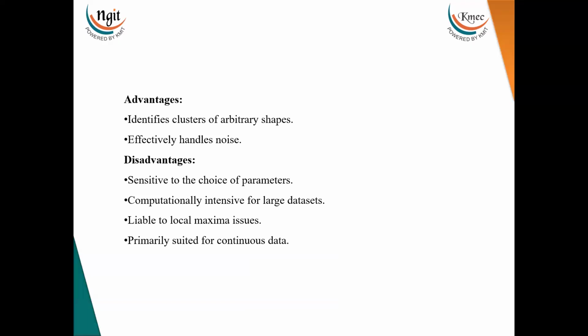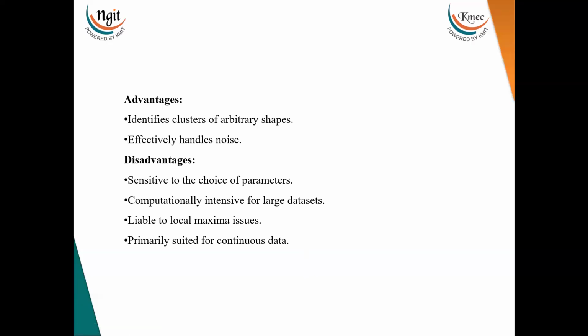And coming to the advantages and disadvantages, DENCLUE is also helpful in finding arbitrary shapes, and when compared to DBSCAN and OPTICS, DENCLUE finds the outliers correctly. Coming to the disadvantages, here also we need to be careful while choosing the parameters.